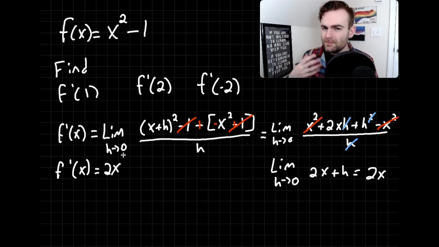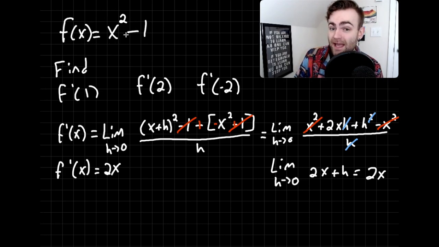So what does that mean? That means the instantaneous rate of change of this function, defined for any x value, is 2 times whatever the x value is. So f prime of 1 would be equal to 2. The instantaneous rate of change at 1 would be 2, at 2 would be 4, and at -2 that would be -4.